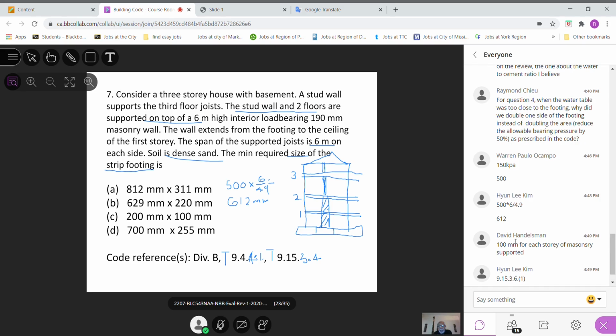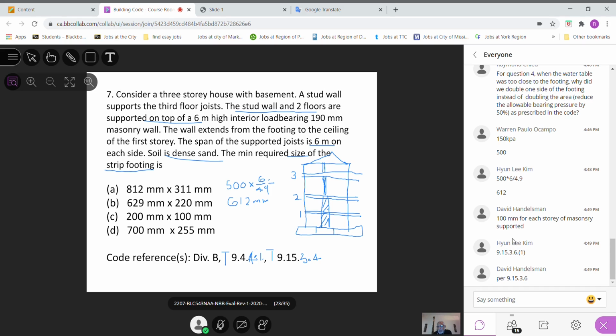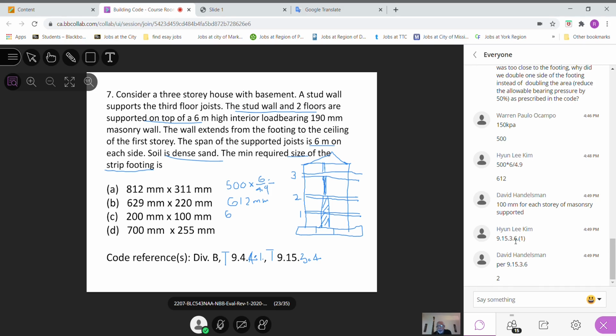Okay, and how many do we have to add? Yep, 9.15.3.6, 2. That's right. We got 612 plus 200. So we have 2 stories of masonry, and that is equal to 812.